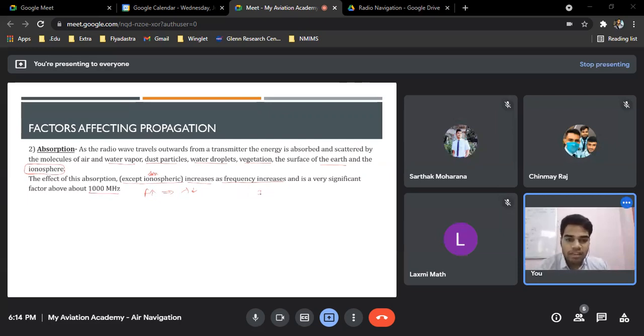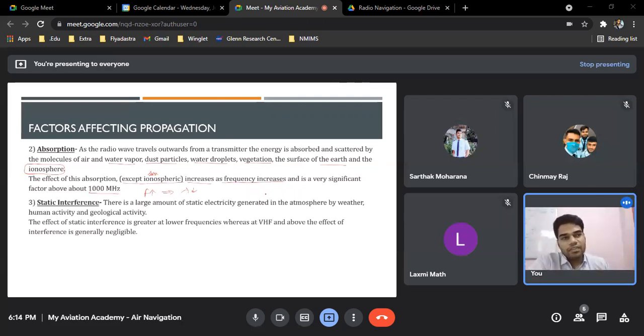Water particles and dust particles are also small, so my wave can be absorbed by these small particles as well, and hence the absorption rate increases. So both fundamentals can be cleared by both reasons.